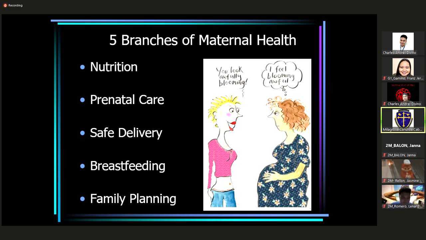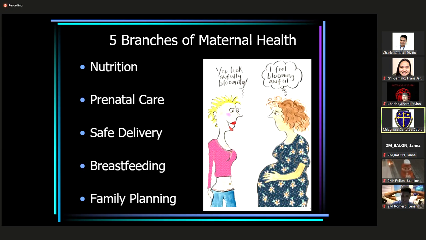Alright? Sa nutrition kasi guys, we should have a daily reference intake ng pregnant woman na childbearing age na 2,200 calories. Pero pag buntis siya, dadagdagan natin ng additional 300 calories. So magiging 2,500 calories dapat ang matitake ni mother.